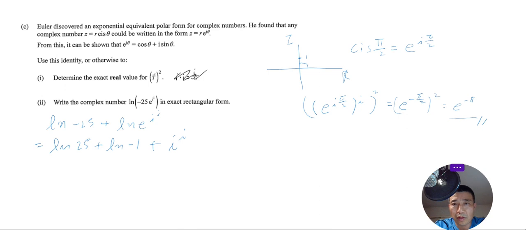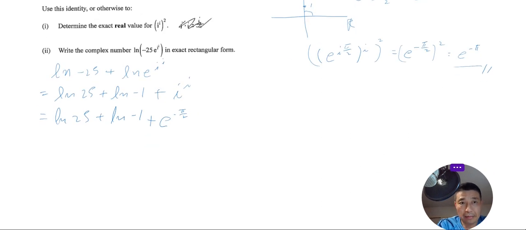That was question 1. What have I got? i is e to the power of i pi over 2, times i is e to the power of negative pi over 2. So i to the power of i is simply e to the power of negative pi over 2, right?